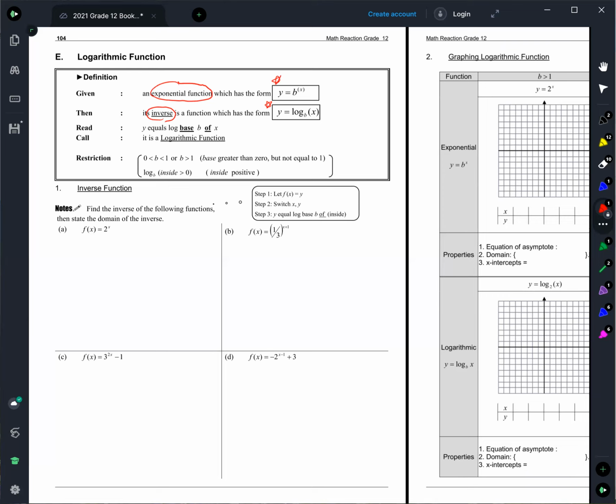Okay, and there, when we learned about transformation, when you switch x and y, the graph can reflect over the diagonal line, the y equal x. You have to go back to transformation chapter and the function. But here, we're gonna review how to find the inverse, because it's been a long time.